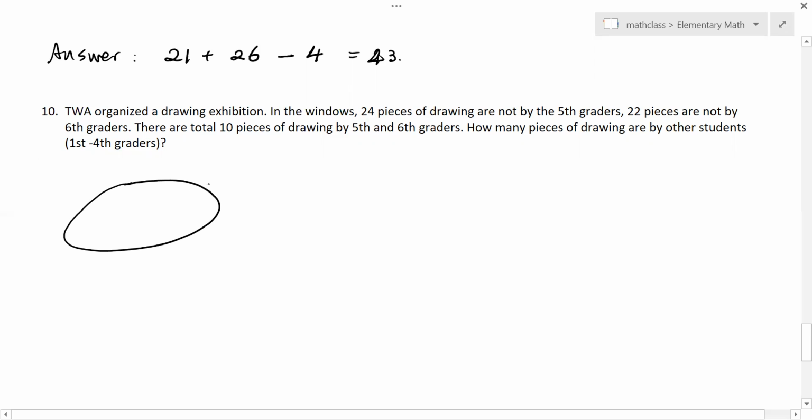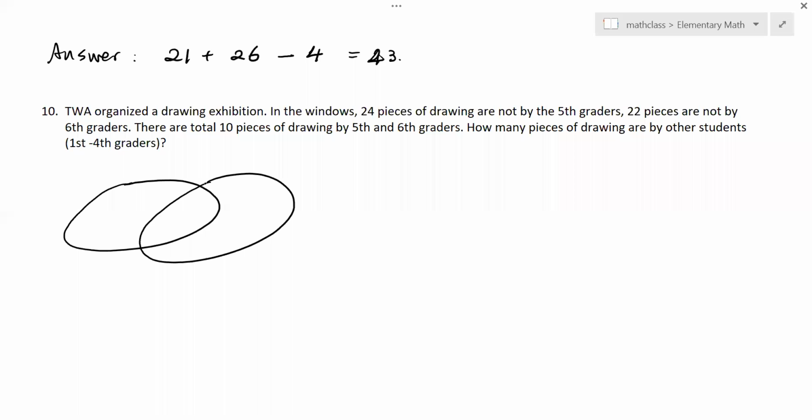This is the total number of students. We still use the same picture. 24 pieces are not by fifth graders.